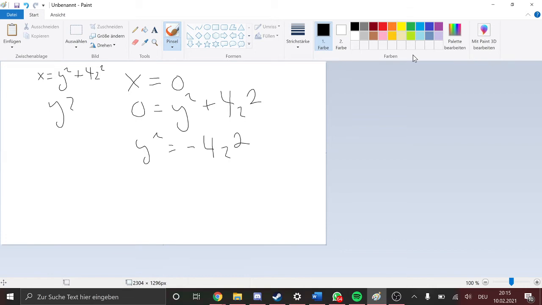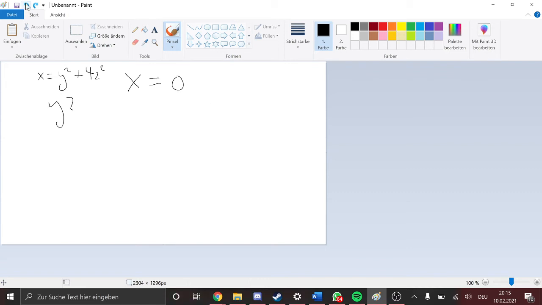So the only way in which this is plausible is when the y value and the z value are both 0. I'm sorry. So when the y value and the z value are both 0, we know that this equation corresponds to the origin in the yz plane. So we know that this is the origin of our shape.